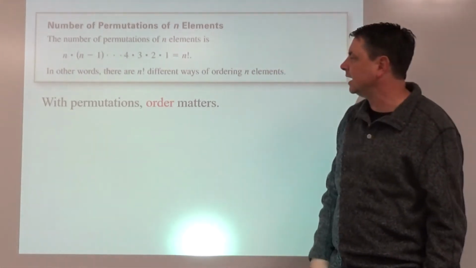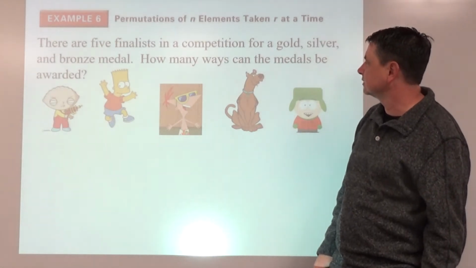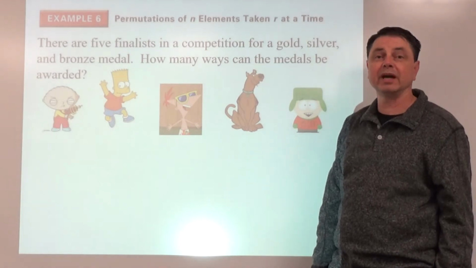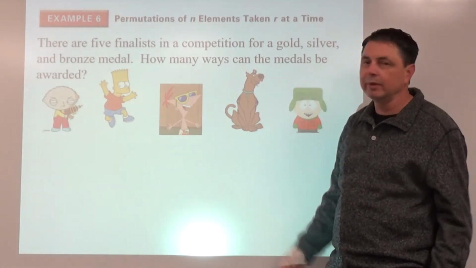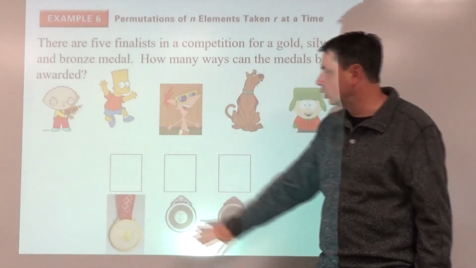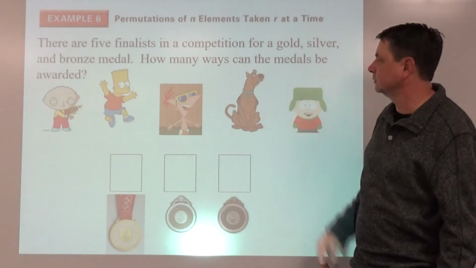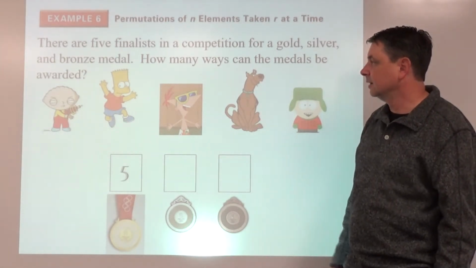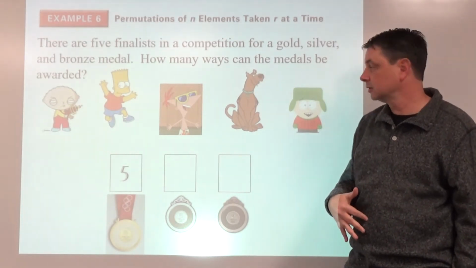Permutations, order matters. So this time we have 5 finalists. Again, we're going to award an Olympic medal: gold, silver, bronze. How many choices do we have for our gold medal? 5 choices, it could be anyone. Eliminate that contestant, that cartoon character.